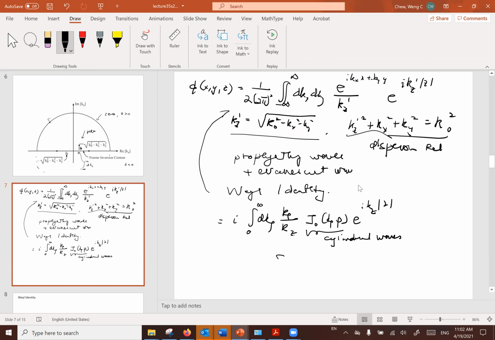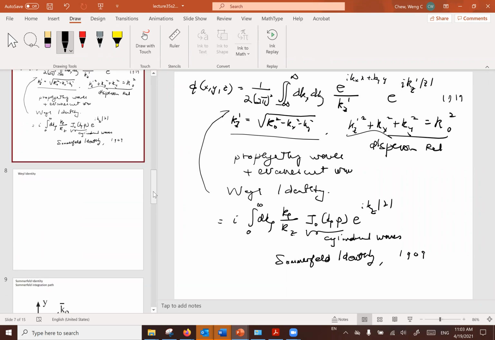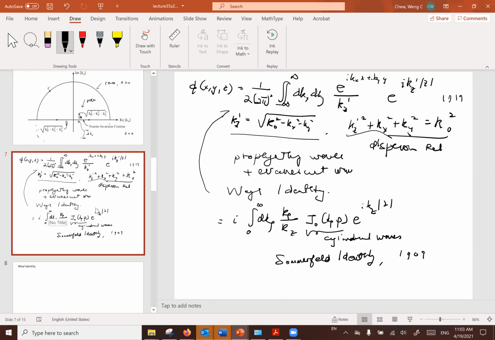And this is called the Sommerfeld identity. Sommerfeld derived this around 1909, and Weyl derived this around 1919. Sommerfeld actually did a more difficult problem. And in order to derive the Sommerfeld identity, I already talked about the Weyl identity, which is this one over here.